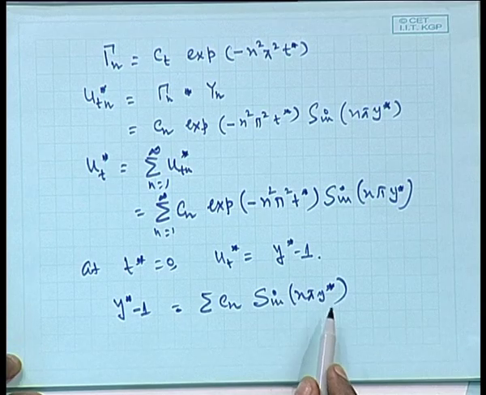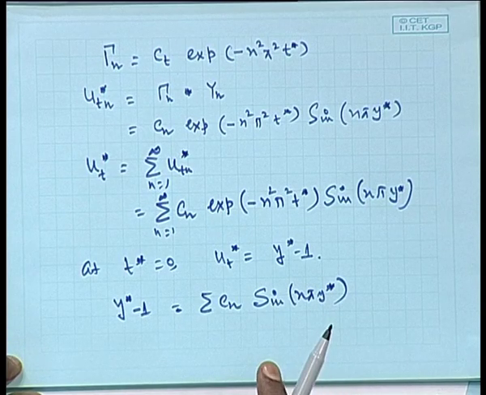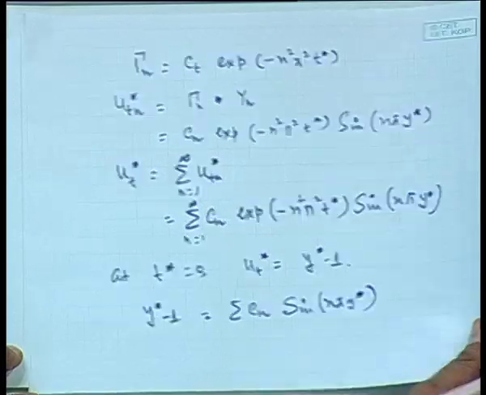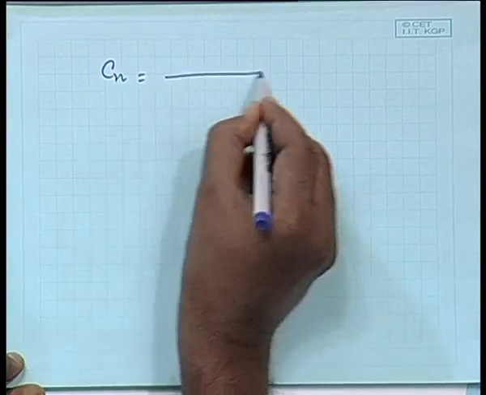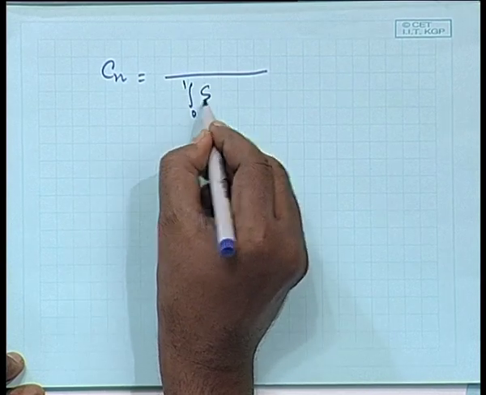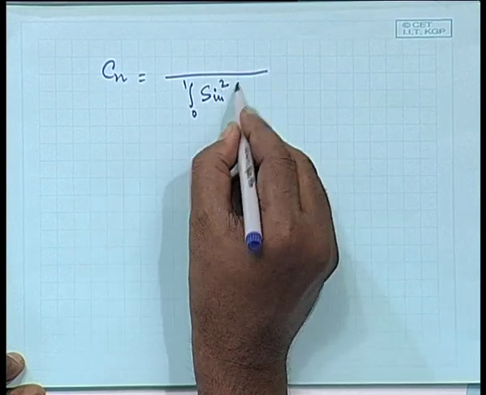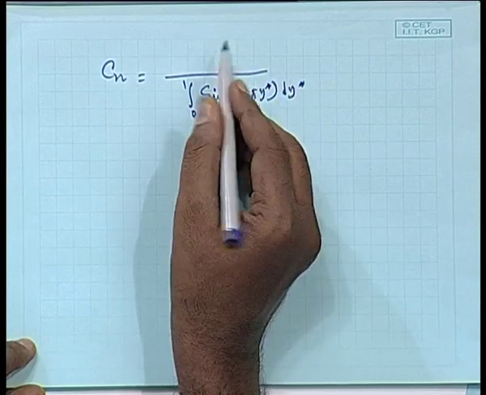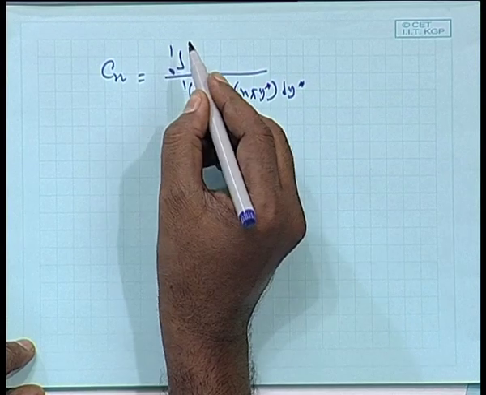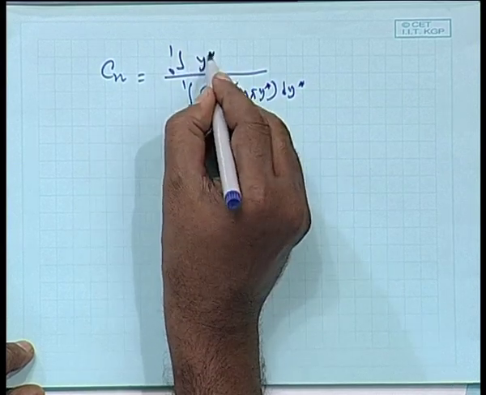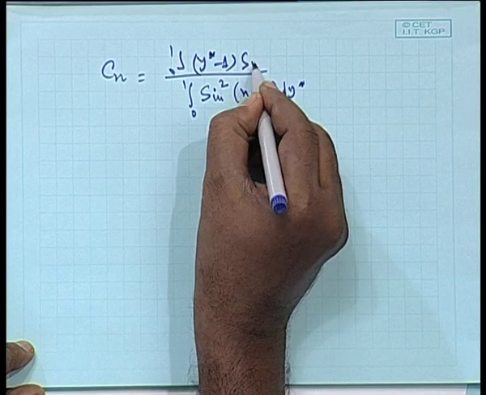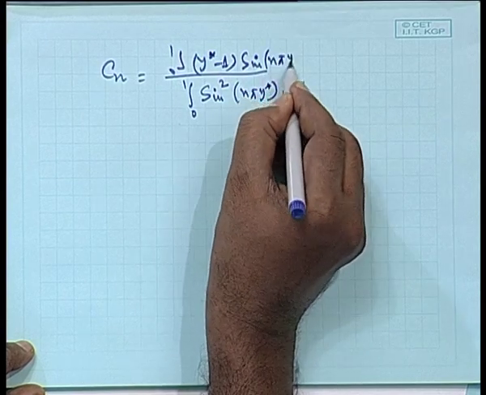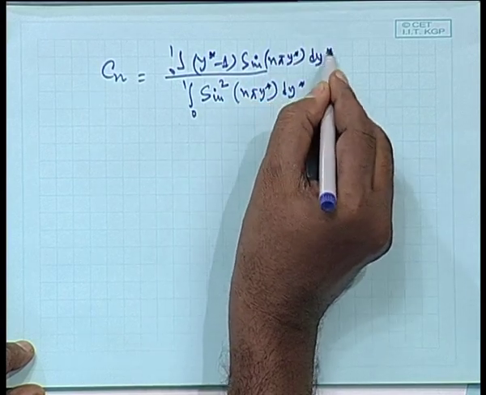Now, if you do that, then all the terms on the right hand side will vanish apart from one term, that is m equal to n. So, what is C n? C n will be nothing but integration 0 to 1 of y star minus 1 times sin n pi y star dy star, divided by integration 0 to 1 of sin square n pi y star dy star.